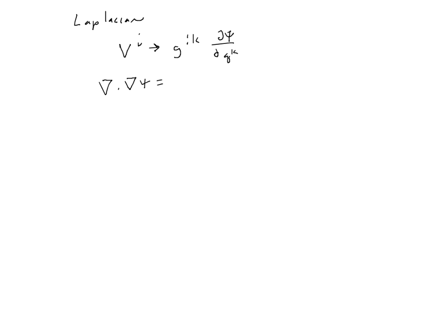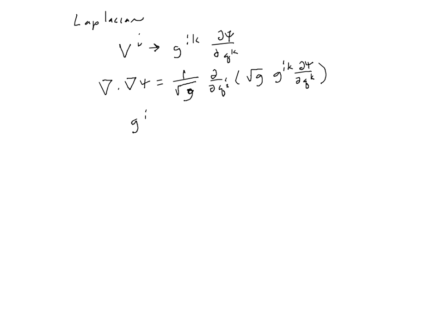Then your Laplacian is just taking the divergence of that, and so that becomes 1 over the square root of the determinant of your metric times your derivative of the square root of the determinant of your metric times the metric term with your derivative. And so this gives you kind of a shortcut for trying to figure out what these things are.